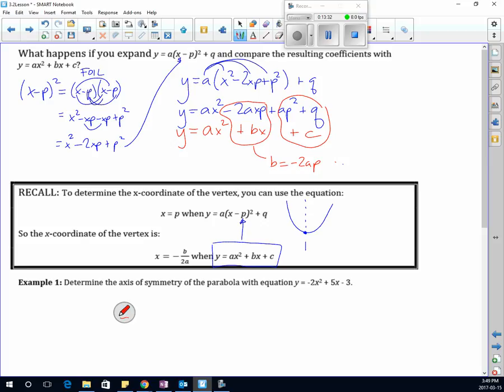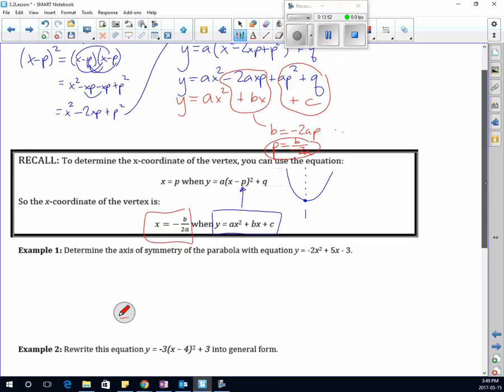But b is equal to minus 2ap, which means p, if I solve for that and get rid of the minus 2a, is b divided by minus 2a. So that's what I'm saying here: if it's in general form, the x coordinate of the vertex is minus b over 2a. So it's as easy as that.